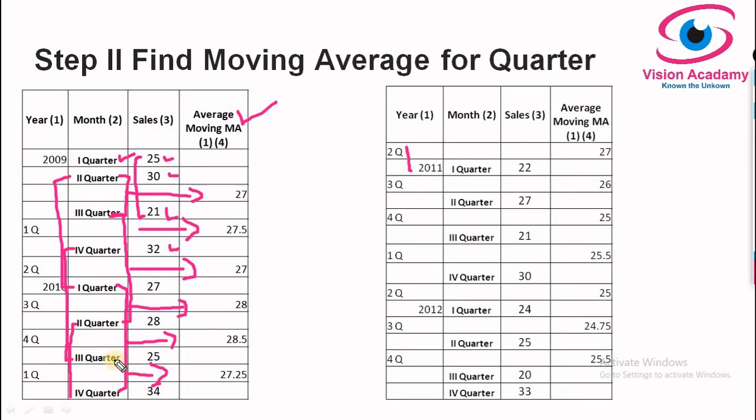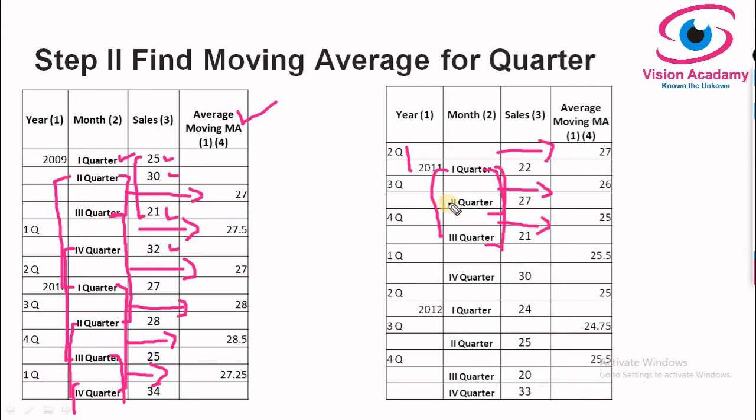So for the next value, here 2 quarter and here 2 quarter, between these is 27. For the next calculation, here the first quarter, this is the fourth quarter, and here the third quarter, between these is 26. For the next calculation we consider all these 4 quarters, and we put those data between the 2 quarters, up and down.